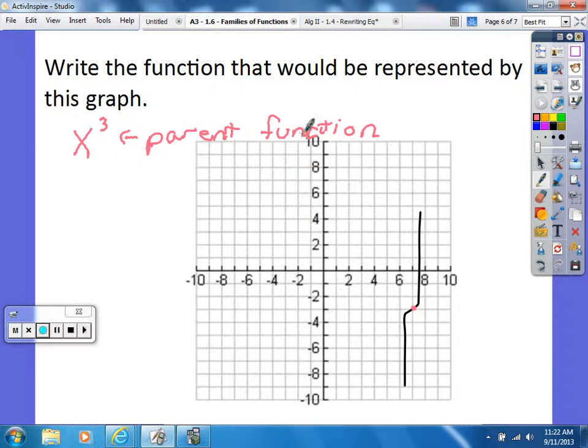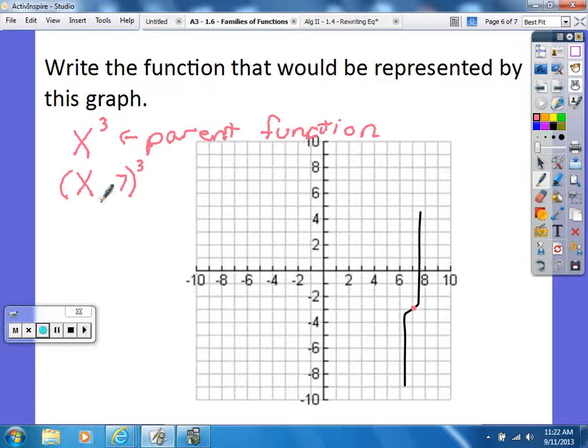Parent function, there we go. That C is a little hard to read, there we go. Parent function. Now, the parent function's the basic x cubed graph. But this graph has moved, hasn't it? It moved. How far to the right did it move? It moved 7 to the right. Notice since it moved left or right, I put that number in my parentheses.